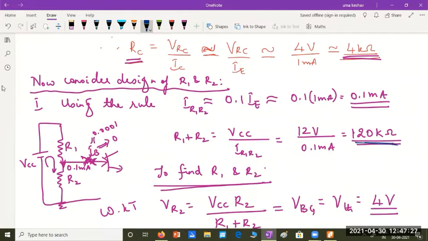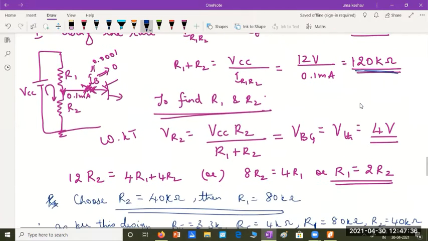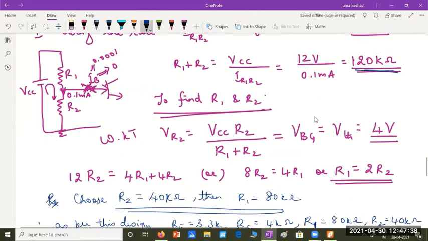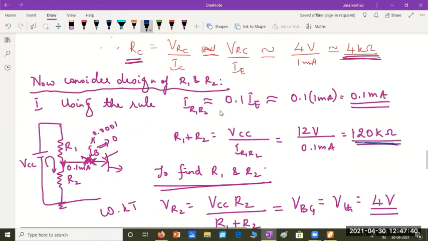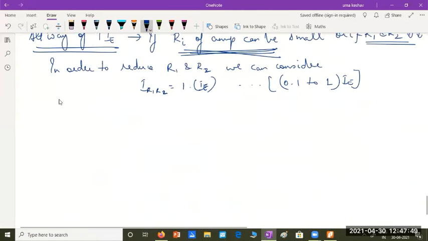So the input impedance of the circuit will be high, R1 parallel R2, around 26 K or so. But now if I choose a larger current here, instead of 0.1 IE, I'm going to take 1 IE. If I take the current through the potential divider to be 1 IE, what happens now?